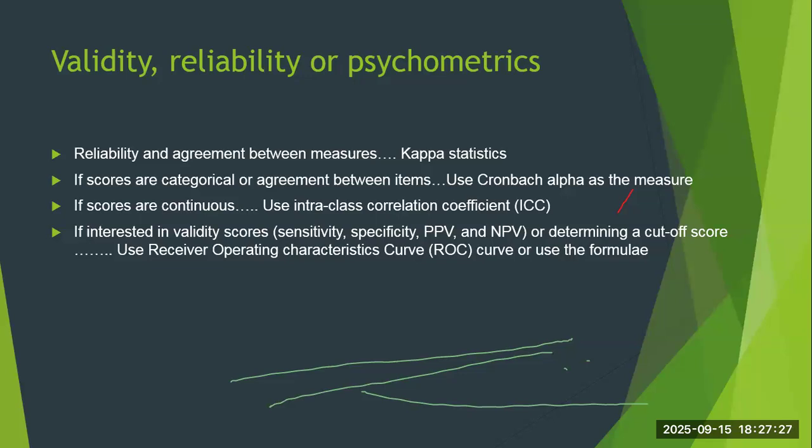Now, if you want to check the degree of agreement between two raters, for instance, a surgeon wants to check the degree of agreement between ultrasound and the post-op findings for acute abdomen. So this individual will do an ultrasound and say there is abscess or no abscess, there is appendicitis or no appendicitis.